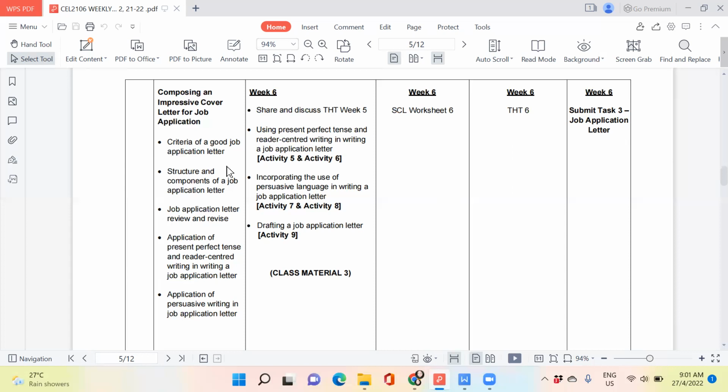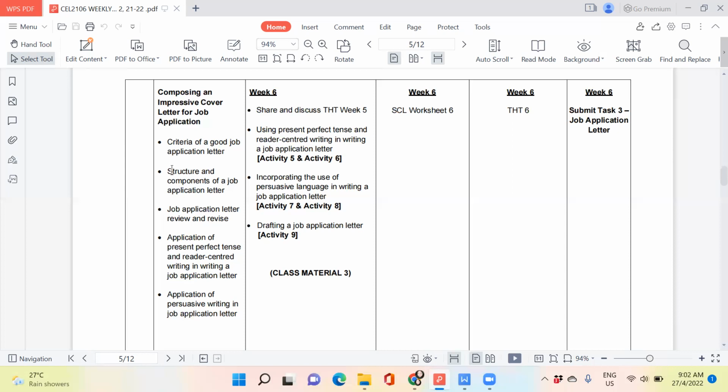Before I go any further, I'd like to mention the key points that we will learn today. Number one, we're going to look at the criteria of a good job application letter, or cover letter.